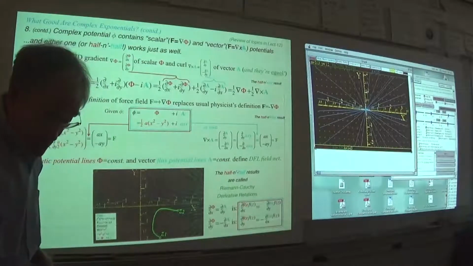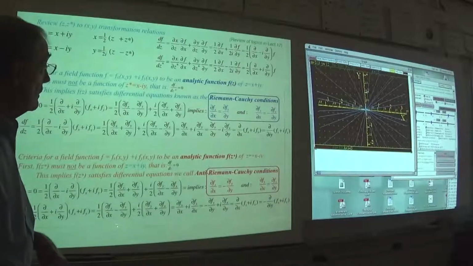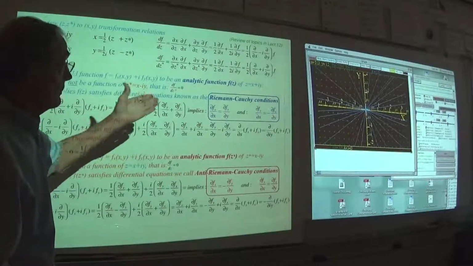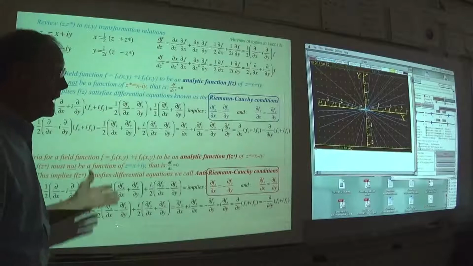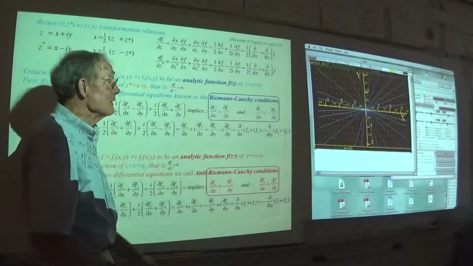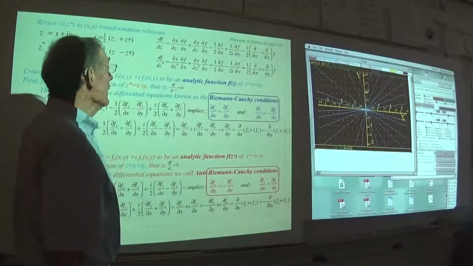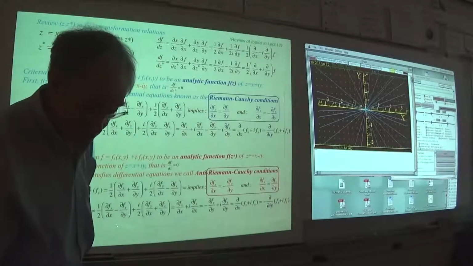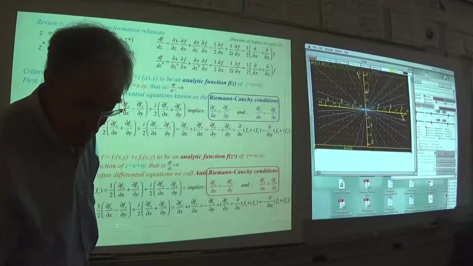Okay, I'm going to start here, going ahead. Now, here was just to mention the Riemann-Cauchy and something else. We could do this completely anti if you wanted to, but we'll stick with this particular approach that we have here.